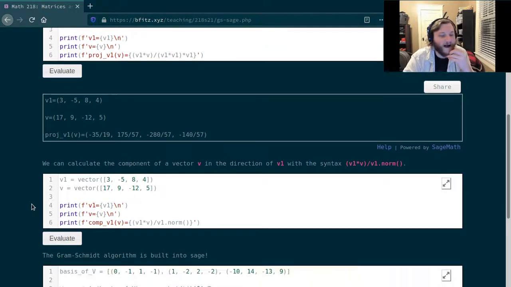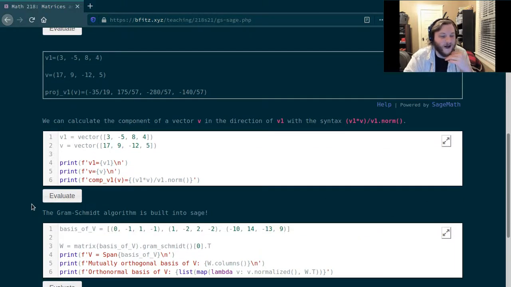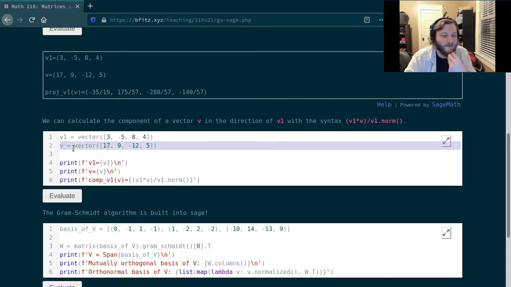In the second box, we can calculate the component of a vector v in the direction of another vector v1. The formula for this is the inner product of v1 with v divided by the length of v1. Again, this is an easy definition, but it can be a little bit annoying to do by hand. So this piece of code will do it for us. All we have to input is the vector v1 and the vector v. I've predefined v1 and v as these two vectors in R4.